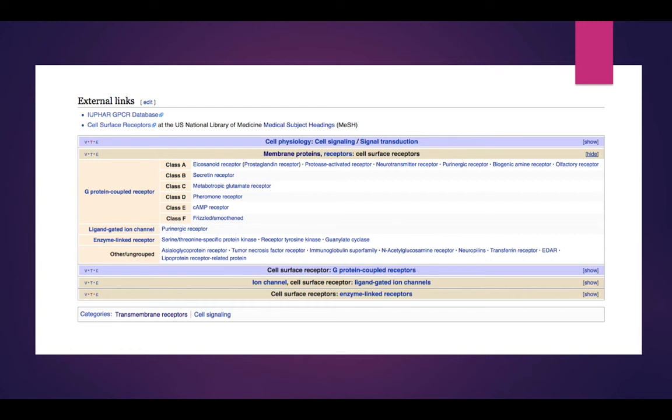They're membrane proteins and receptors, so they share that in common, but they're going to have different functions and different mechanisms of action. So it makes sense to organize them that way. So when you learn a new channel, you want to know, is this a G protein coupled receptor? Is this a ligand gated ion channel? Is this an enzyme linked receptor or some other type? And then that way, when you put it into that category, if you've already learned the category, you already know some stuff about it.